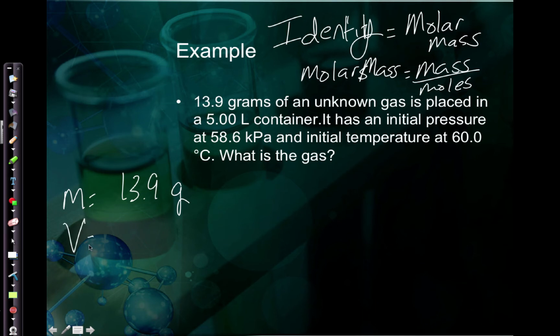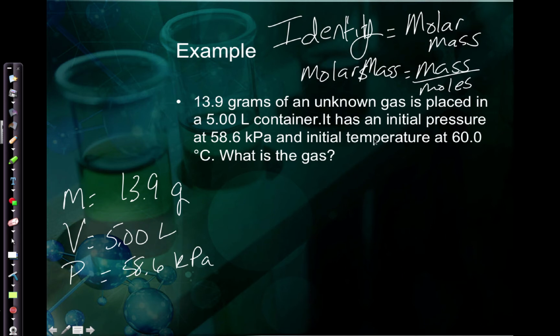We know that the volume of the gas is 5 liters, and it has an initial pressure of 58.6 kilopascals. Even though it says initial pressure, I'm not going to label it as P1. It's not a combined gas law problem because nothing is changing here. It's just giving you a bunch of information.